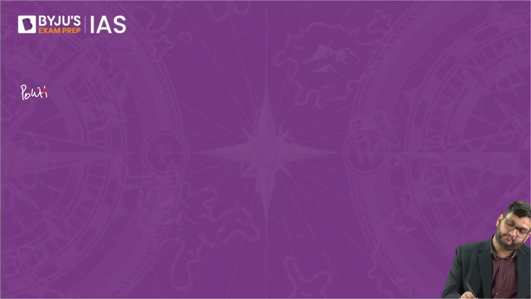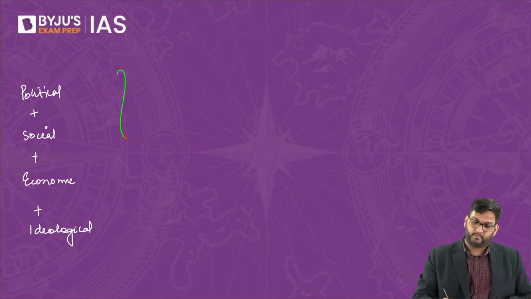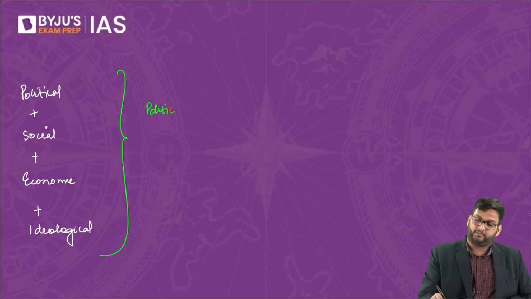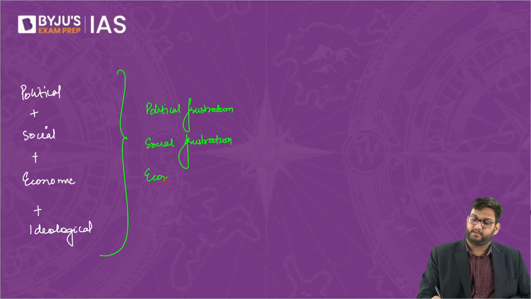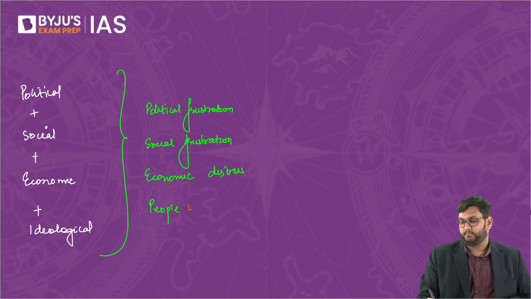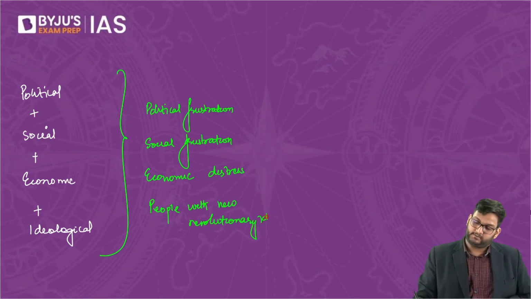So if I bring in political plus social plus economic plus ideological, what I get is political frustration, social frustration, economic distress, and people with new revolutionary ideas.